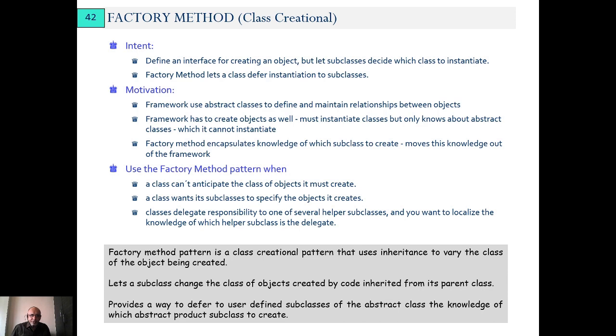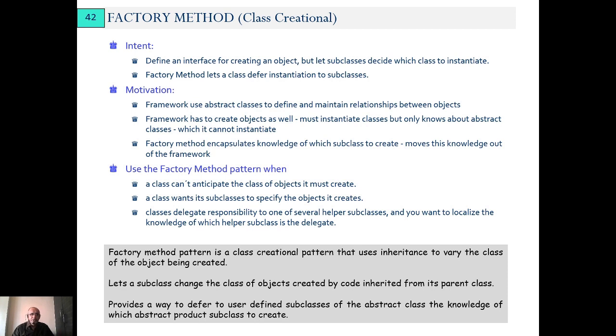You have an interface for creating an object, but subclasses will decide which class to instantiate. So director level control, like there was with the builder, is not applicable here. So factory method lets the class defer instantiation to the subclasses. That is the intent.